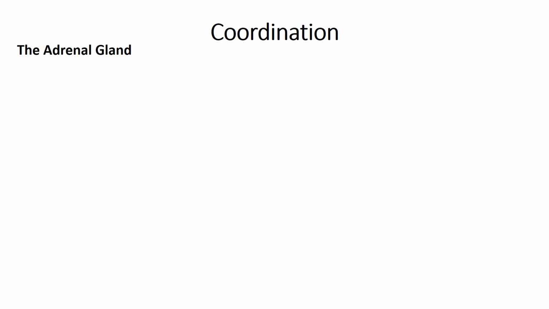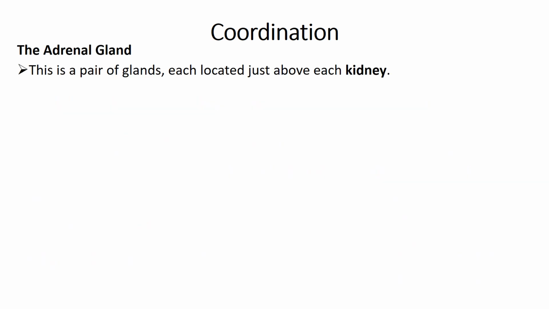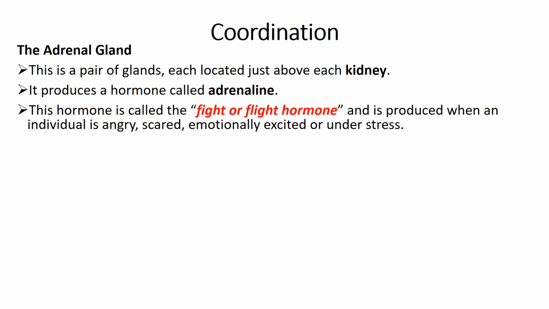Next, we look at the adrenal glands. This is a pair of glands, each located just above each kidney, like we see in the image. It produces a hormone called adrenaline. Okay, this adrenaline is called a fight or flight hormone, and is produced when an individual is angry, scared, emotionally excited, or under stress.